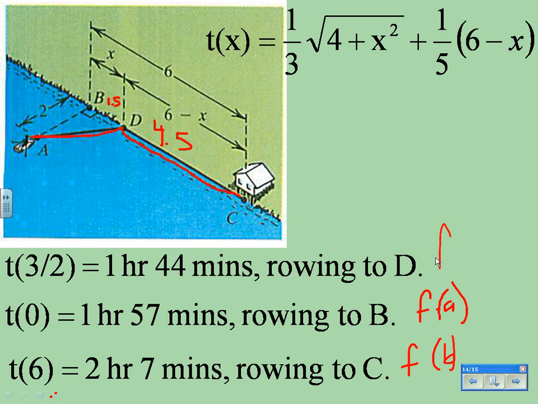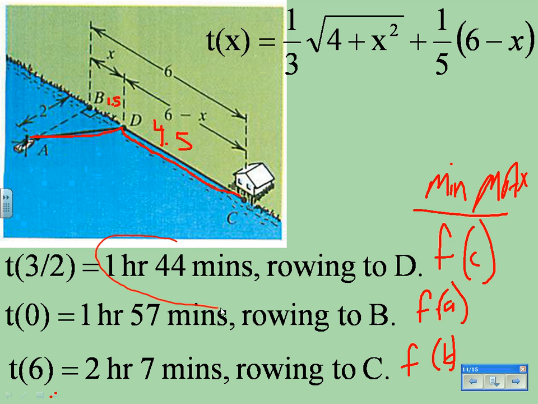And this is f of C right here. Do you have to calculate all this? Absolutely not. But this is how to find the absolute minimum and the absolute maximum I talked about last week when you were doing your quiz. So you need to include f of A, f of B, f of C, and figure out exactly how long it is. And you can see that this is clearly the minimum amount of time.